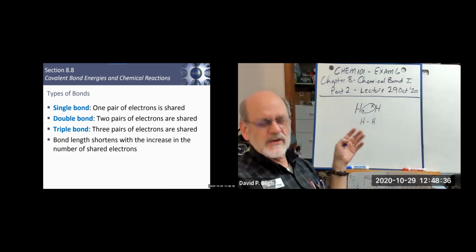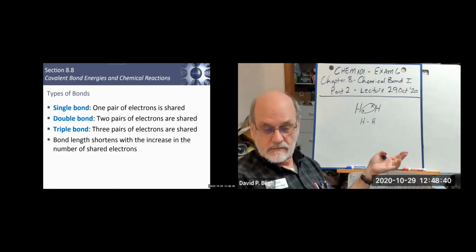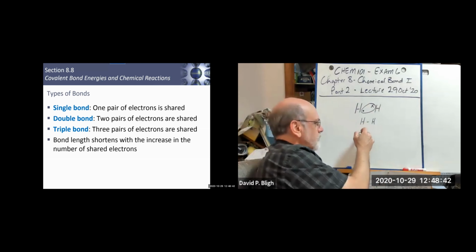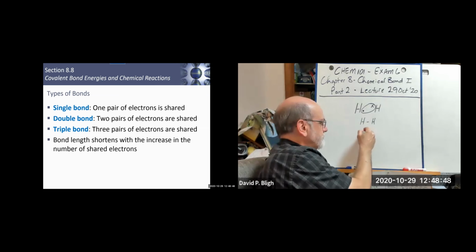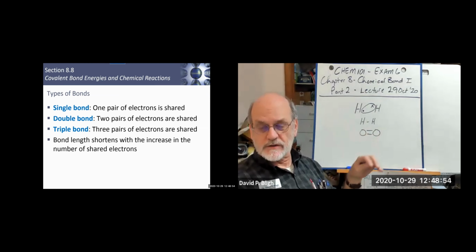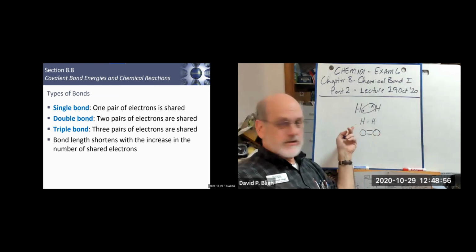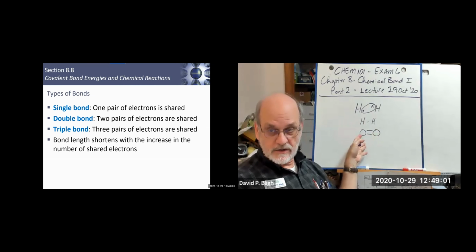Some molecules form with two bonds, a double bond. For instance, oxygen. We'll have a double bond between the two oxygens, right? Hydrogen's a diatomic element at standard temperature and pressure. So is oxygen.